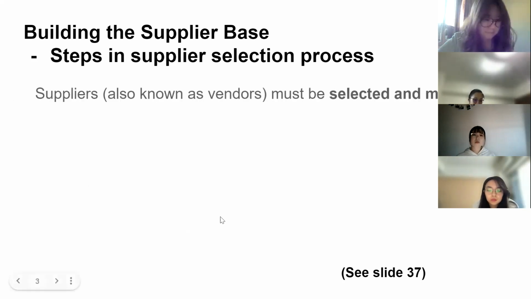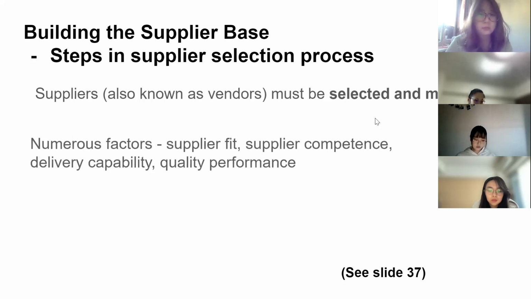Now, just for common understanding, suppliers are also known as vendors. Okay. And they must be selected and managed. You must select the best suppliers in order for you to be able to meet your organizational competitive advantage.